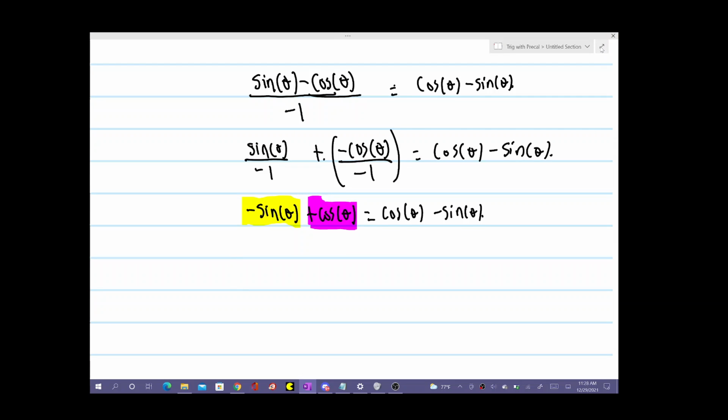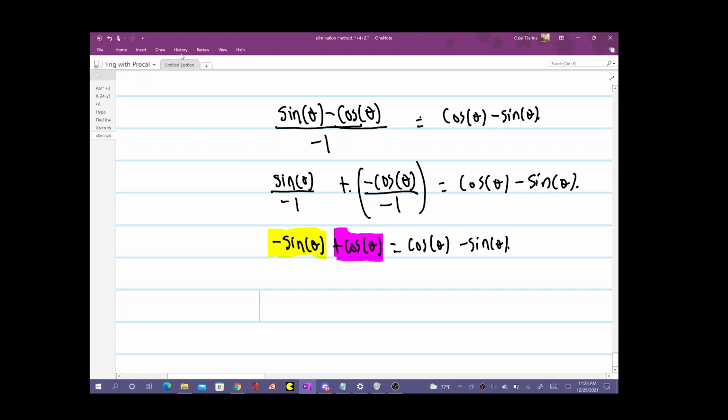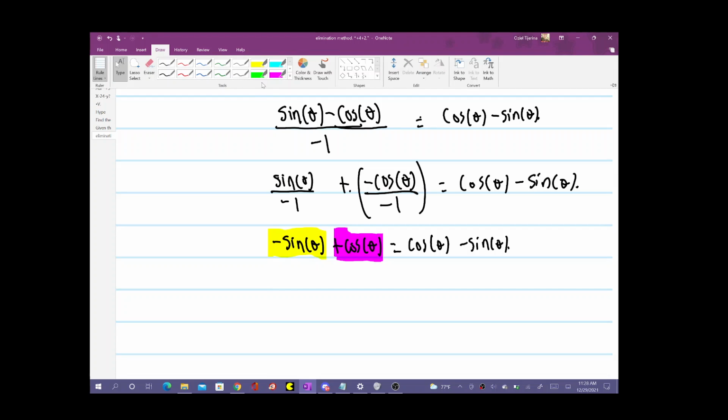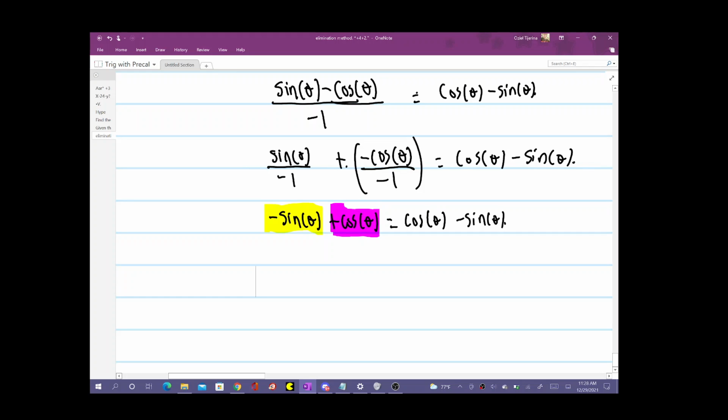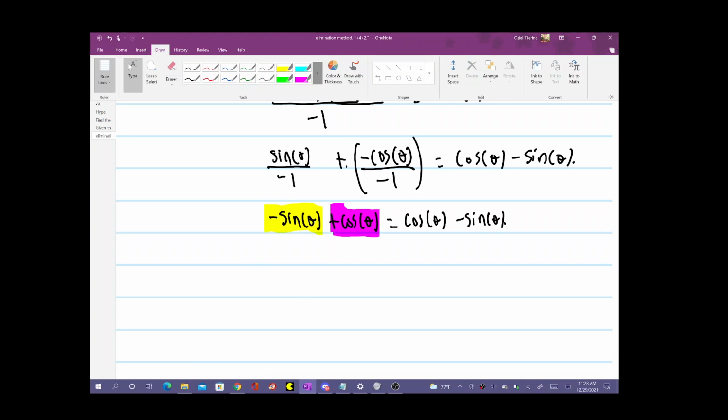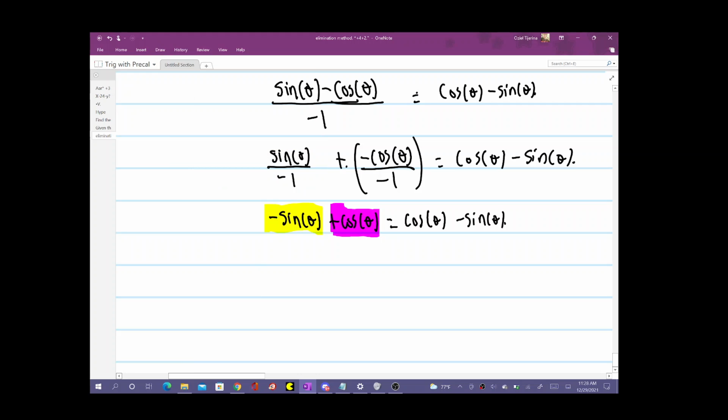So basically, you can go ahead and put cosine of theta first, and then put negative sine of theta second. So then that'll be equal to cosine of theta minus sine of theta.